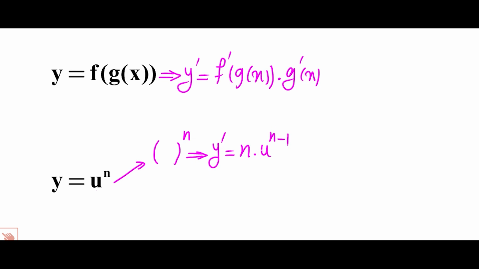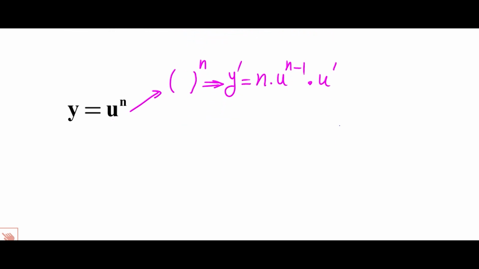And according to the chain rule, multiply by the derivative of the inside function, u prime. So to differentiate u to the nth power, you bring the exponent down, then subtract 1 from the exponent, and then multiply by the derivative of the inside function, meaning u prime.